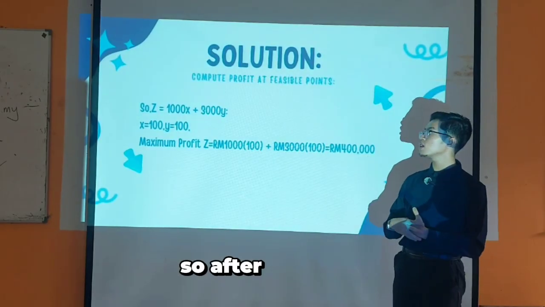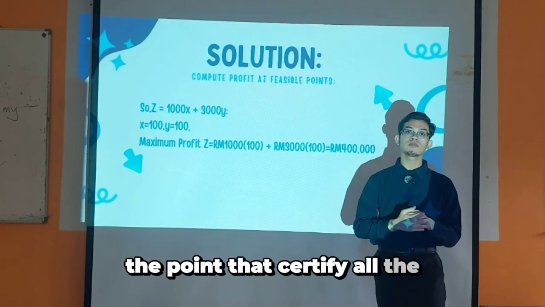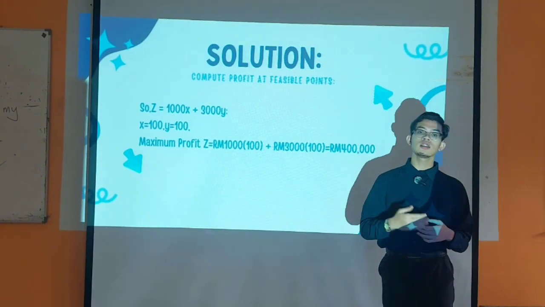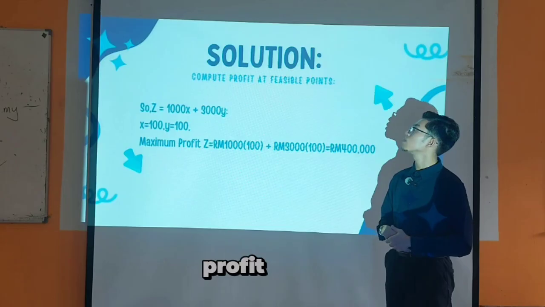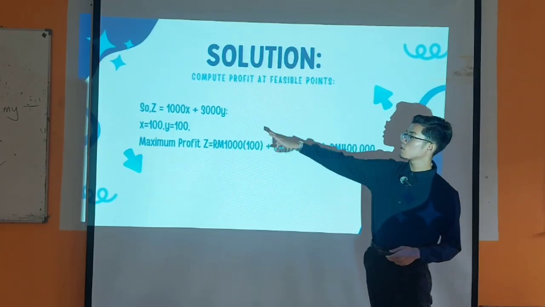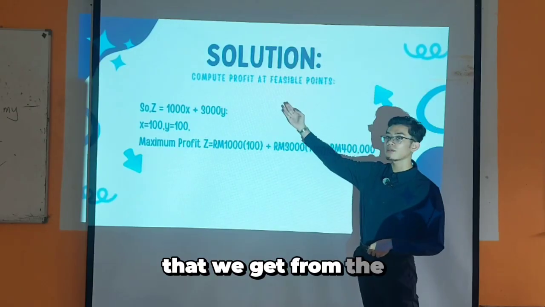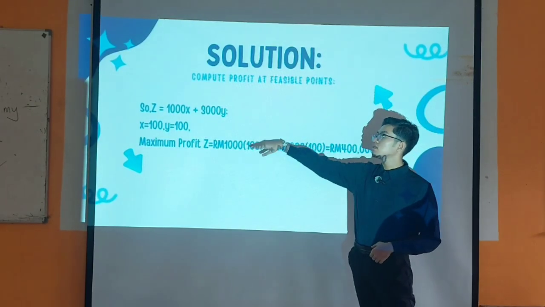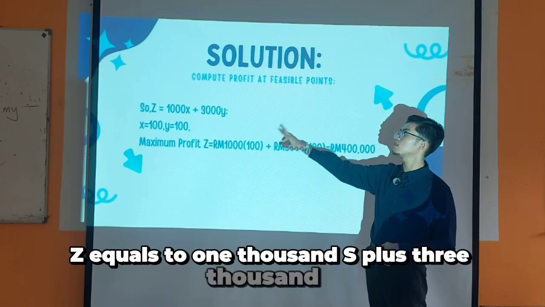So after we know the point that satisfies all the policy, we can get the maximized profit from it. We will be using the formula from the objective function that we got from the previous slide, which is z equals 1000x plus 3000y.